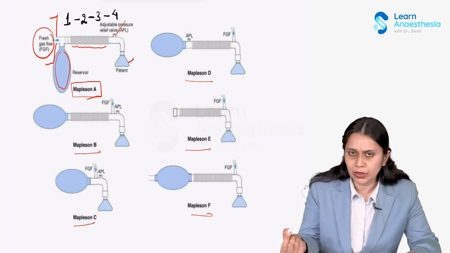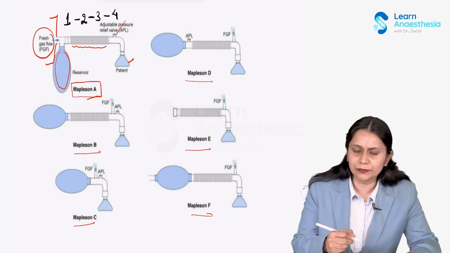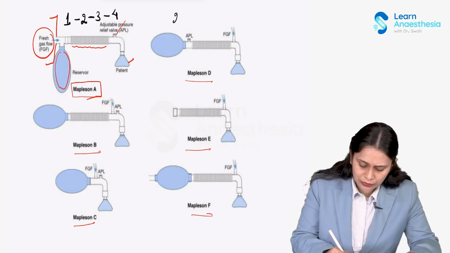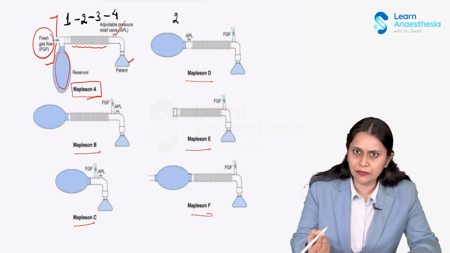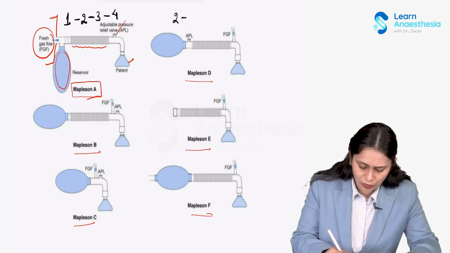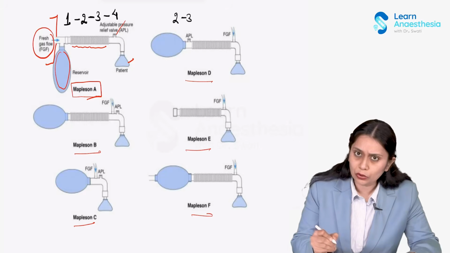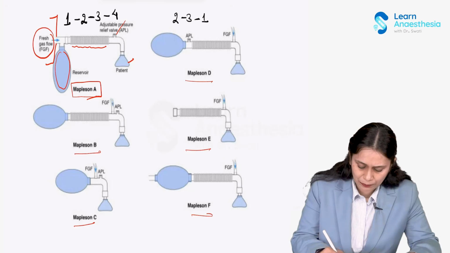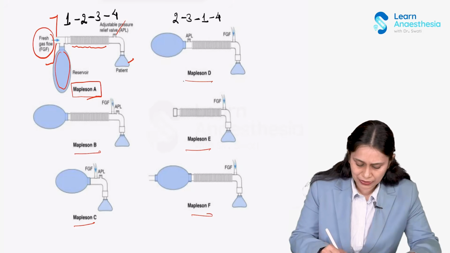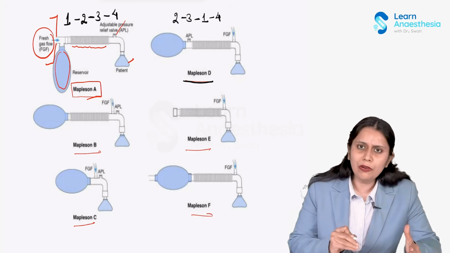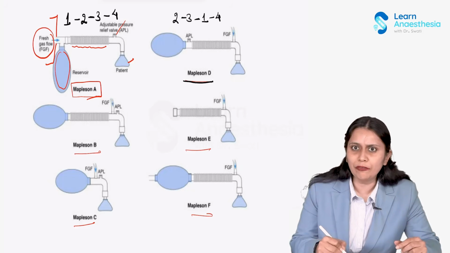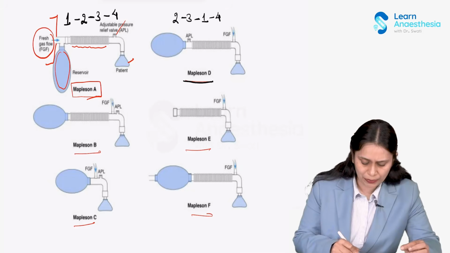Now, if I rearrange it, if I bring the 2, your reservoir bag, as the first part, then the APL valve as the second part over the corrugated tubing, then the fresh gas inlet, and then the patient end, it becomes Mapleson D. So now the working pattern and efficiency of this rearrangement in the form of Mapleson D would change from Mapleson A.